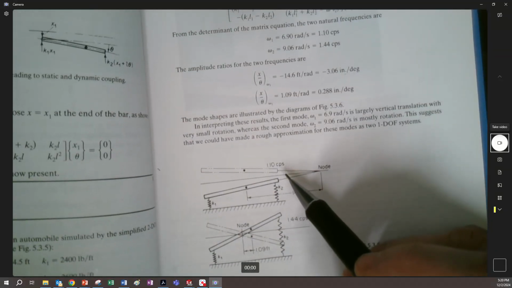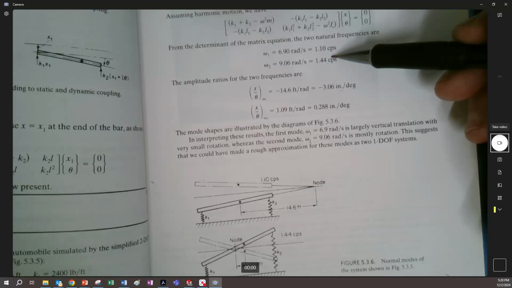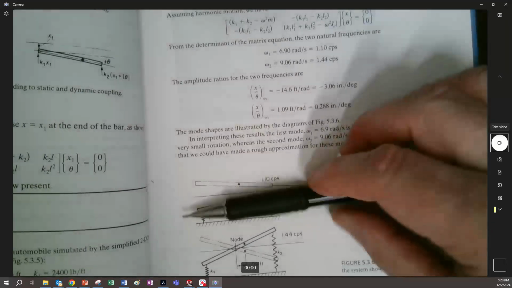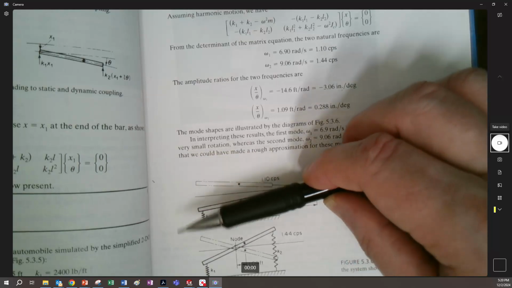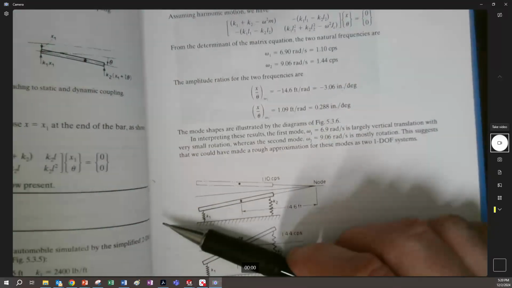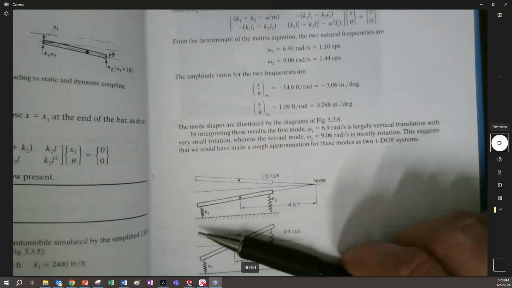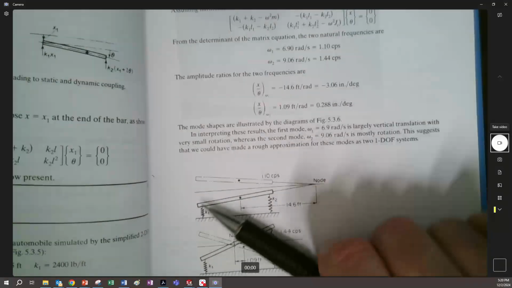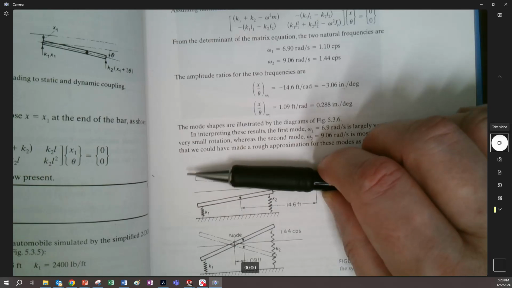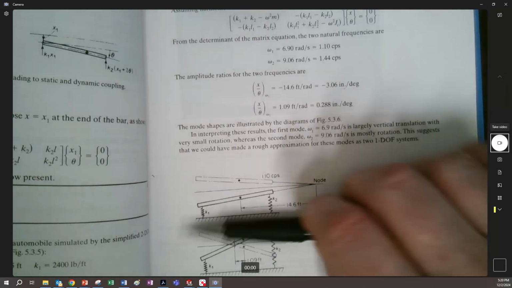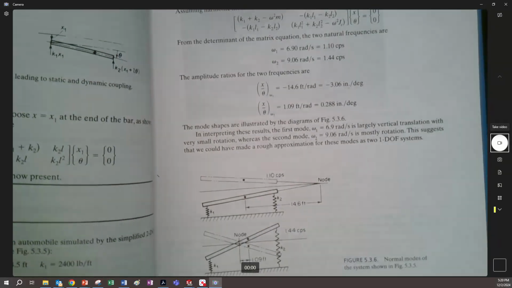In the first case right here, we're getting a movement that goes up like that, and a movement comes down like that. And in this case right here, we're getting more of a twisting one. So this has more of a translation aspect to it. This has more of a rotation aspect to it.